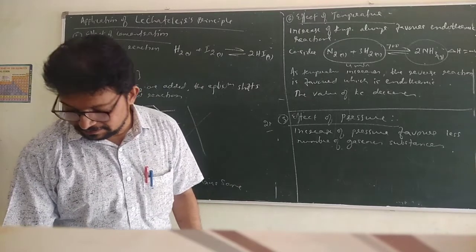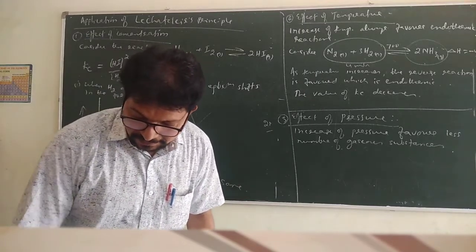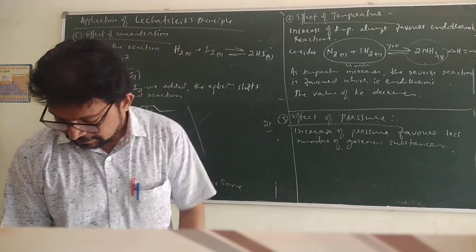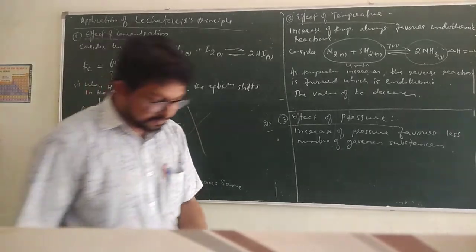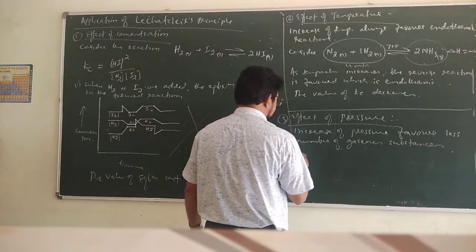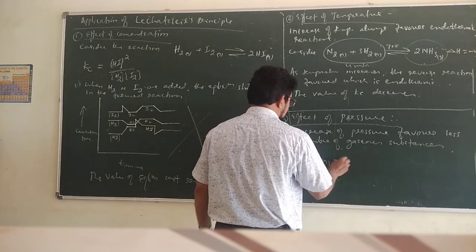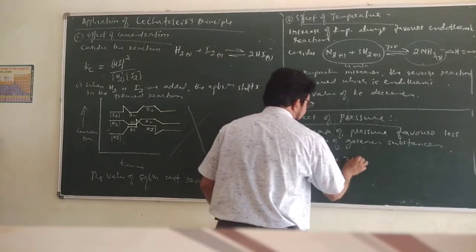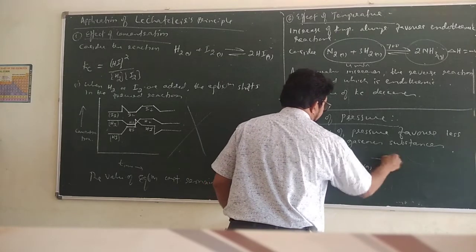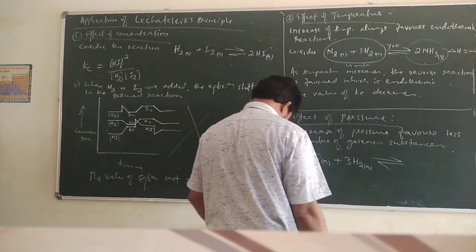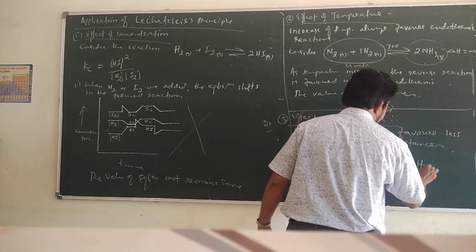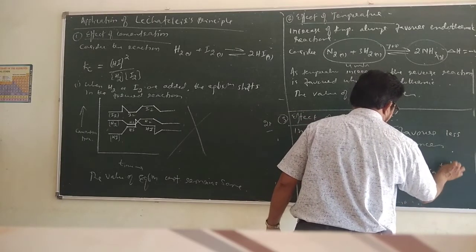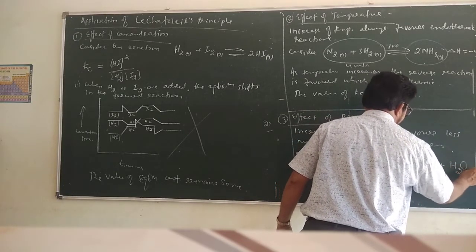I will consider one equilibrium and explain with respect to that equilibrium. There is an equilibrium, for example, carbon monoxide gas reacts with hydrogen gas and it is going to produce methane CH4 gas and H2O gas.